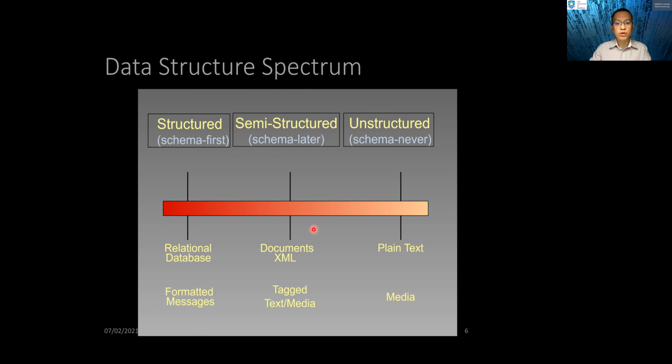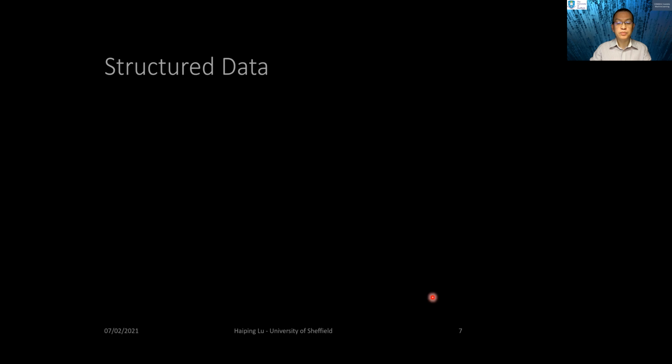For example, XML documents and tagged text or media. And lastly, there is unstructured data, which is labeled as schema never. For example, plain text and media, such as videos or audios.